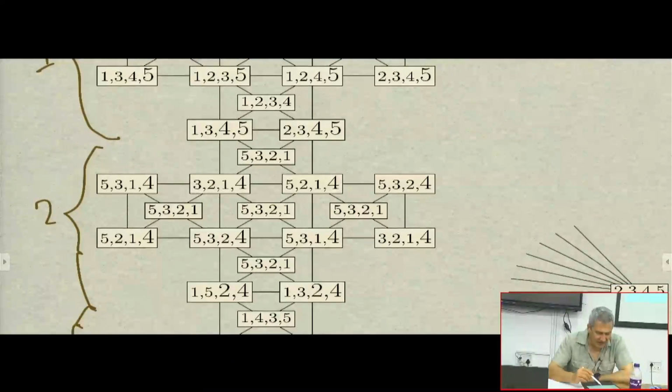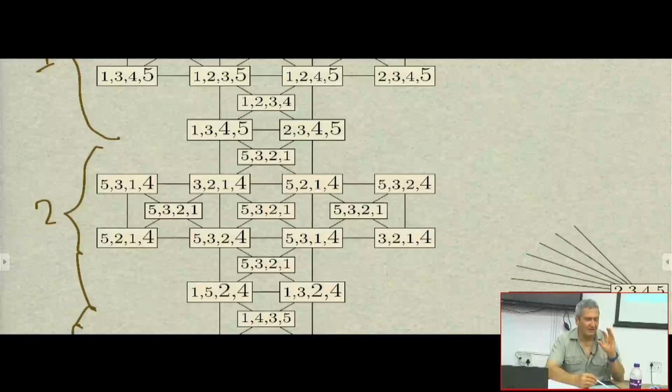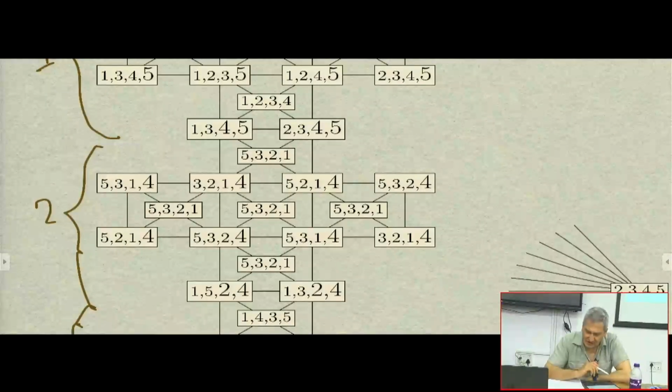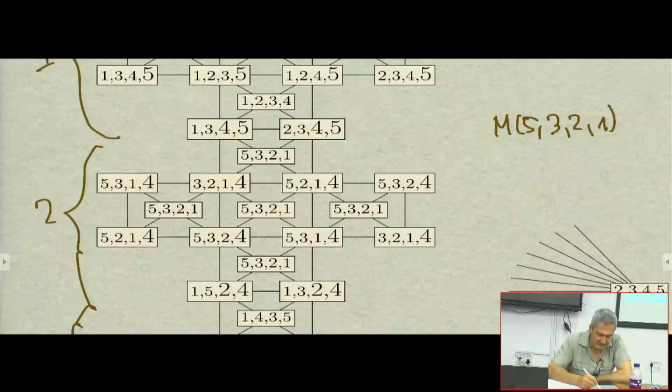The second gadget, M2, when color 5 is removed: you see here color 4 appears big. We consider that color 5 is small here. Okay? So this is actually M5, 3, 2, 1. This is M2.